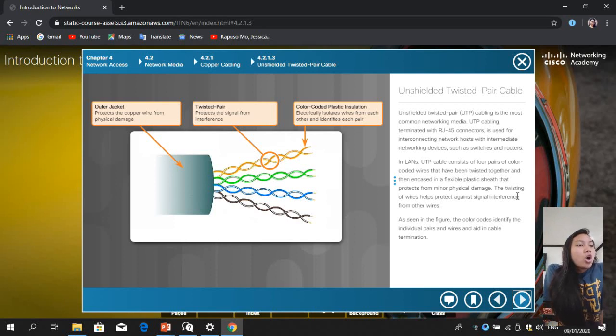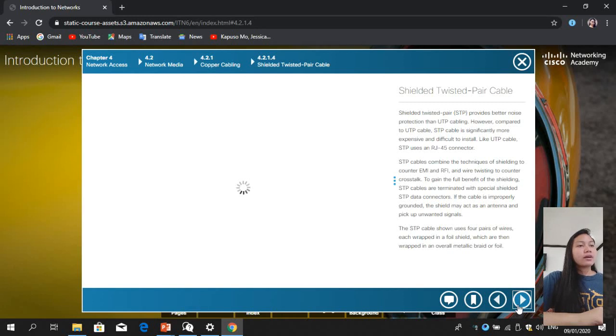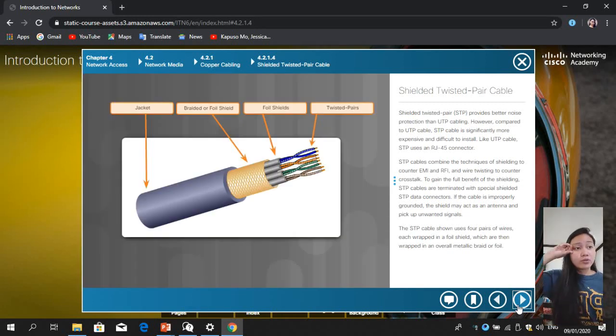The color-coded plastic insulation electrically isolates wires from each other and identifies each pair. We also have the jacket, braided or foil shields, and twisted pairs.